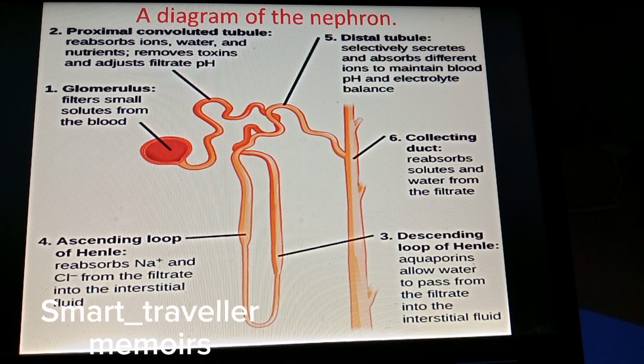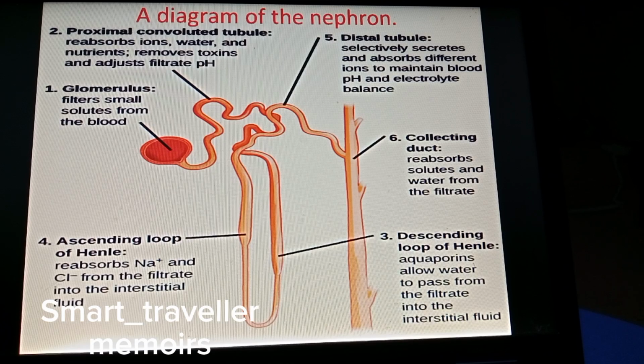A diagram of the nephron. So you can see the diagram of the nephron. Okay. We have the proximal convoluted tubule, distal tubule, glomerulus, ascending loop of Henle, descending loop of Henle, collecting duct.